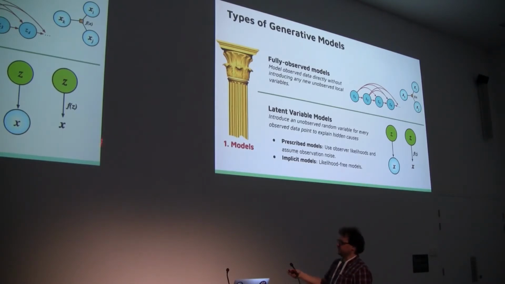Now, within the latent variable models, there is a further distinction. This distinction is not very old, but it is very simple, and it only makes sense given the concurrent families of generative models that a lot of machine learning is exploring now.